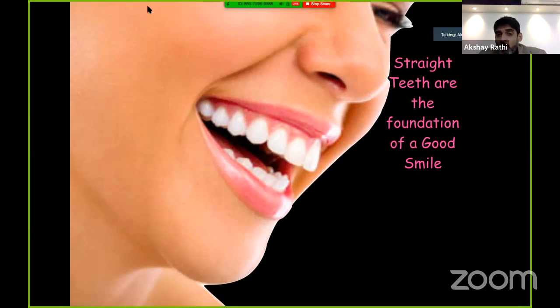So these are all the problems with which the patient comes to us. And among the various treatment options that we have for these patients, one of them is aligners.